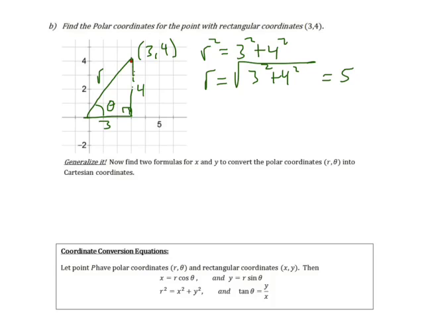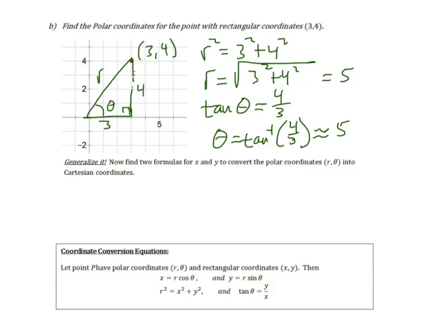And last but not least, we know that the tangent of theta is 4 over 3, or we can say theta is the inverse tangent of 4 over 3, which comes out to be approximately 55.1 degrees.